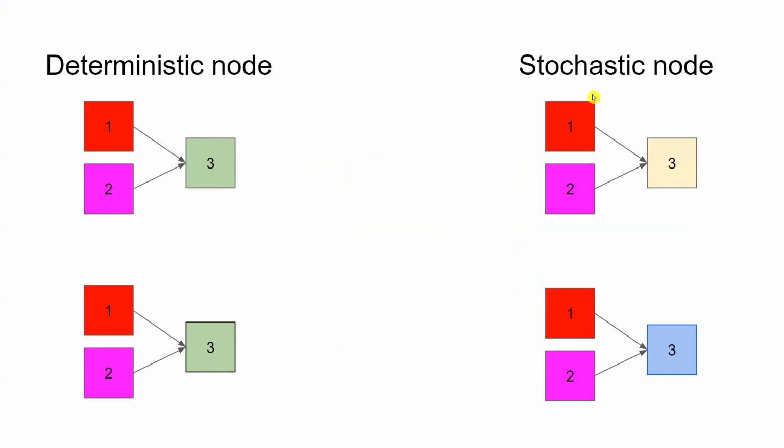But for a stochastic node, even when you have the same input, the same weight, the same bias, the same activation function, the first time you run it and the second time you run it, you have different output. The main reason is that this is a probability distribution. If you run it 1,000,000 times and plot it out, you're going to see the correct distribution. But if you run it individually just a few times, you will get different output.